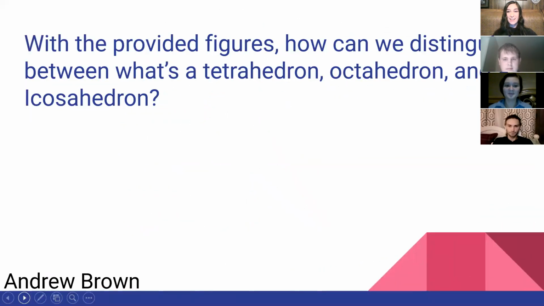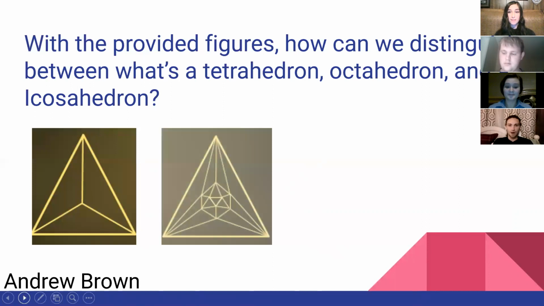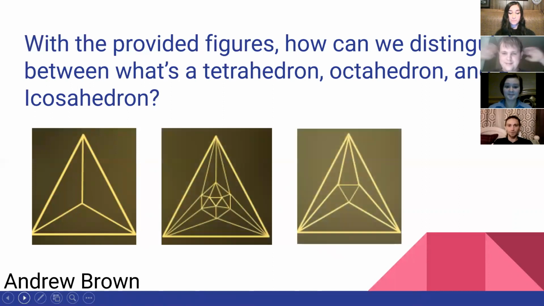Good job. All right, Andrew, with the provided figures, how can we distinguish between a tetrahedron, an octahedron, and an icosahedron? Simple. All we have to do is look at how many faces it has, and we're just going to go ahead and count these. Can you all see my mouse right here? Yes. Okay. So which one would be the tetrahedron? It would actually be the far left because there are 4 faces.